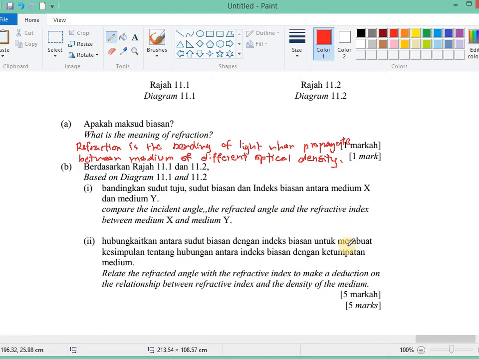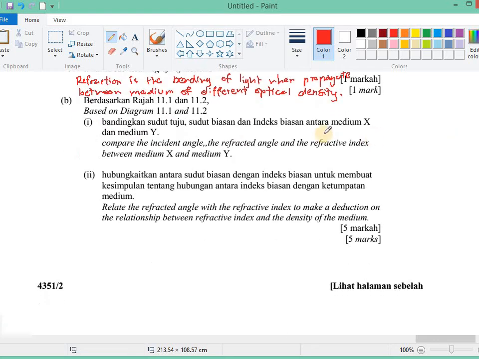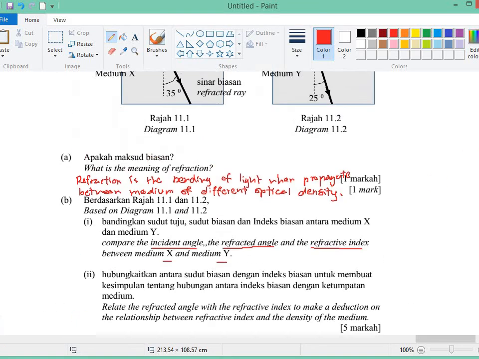Next. Okay, part (b)(i). Compare the incident angle, the refracted angle, and the refractive index between medium X and medium Y. You need to compare these three things between X and Y. The first one, we look at incident angle.